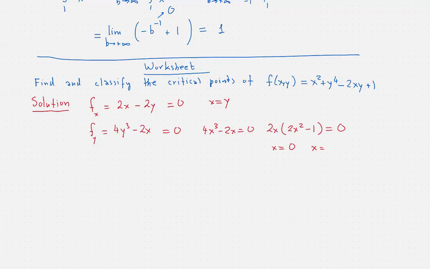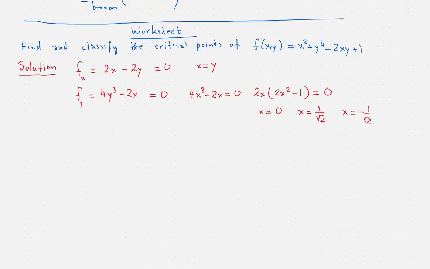And obviously, this is going to yield 3 points. Remember that x is y, so (0, 0), (1 over square root of 2, 1 over square root of 2), and (negative 1 over square root of 2, negative 1 over square root of 2).